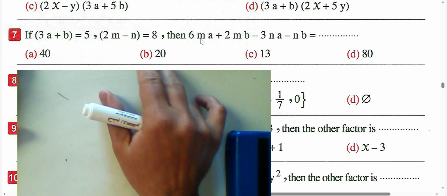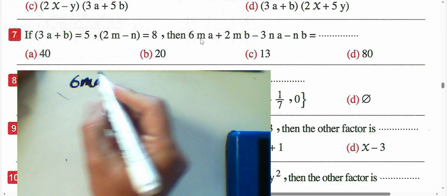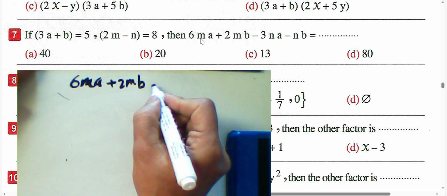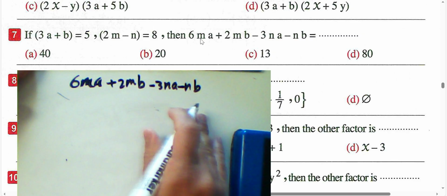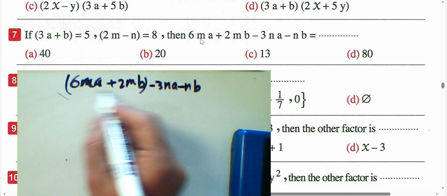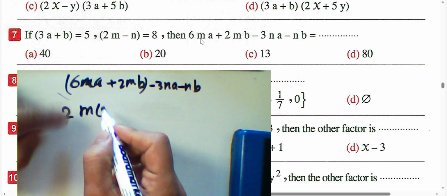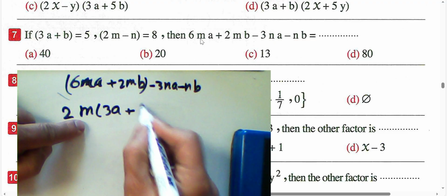Number 7, we have the expression 6ma plus 2mb minus 3na minus nb. We can factorize this expression, right? Two expressions together. We can write the highest common factor between them here. Right, 2m, and 6 divided by 2 equals 3. ma divided by m equals a. 2mb divided by 2m equals b.